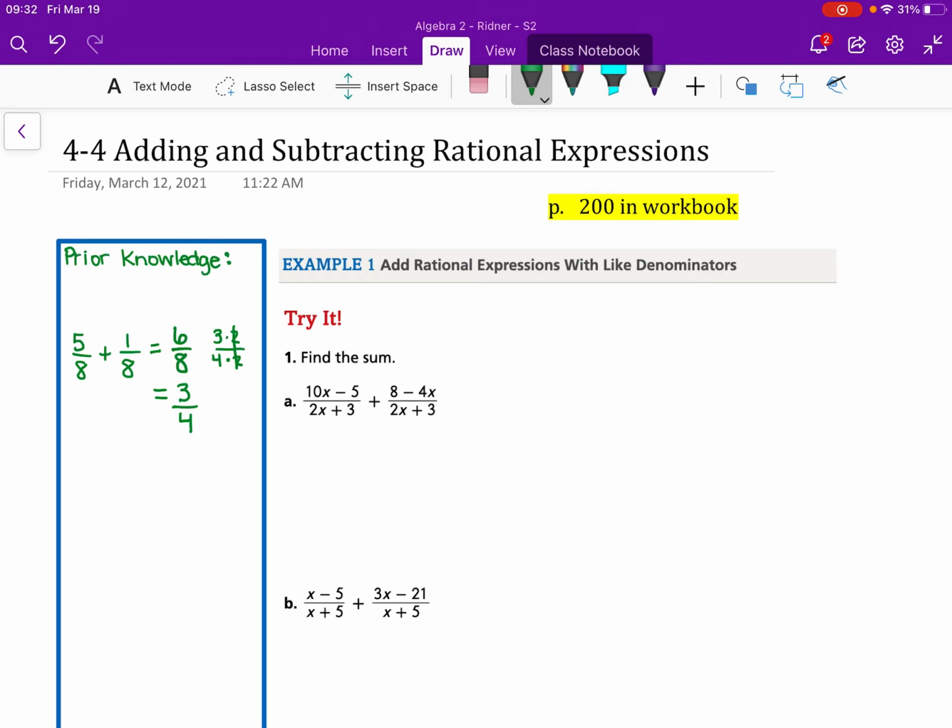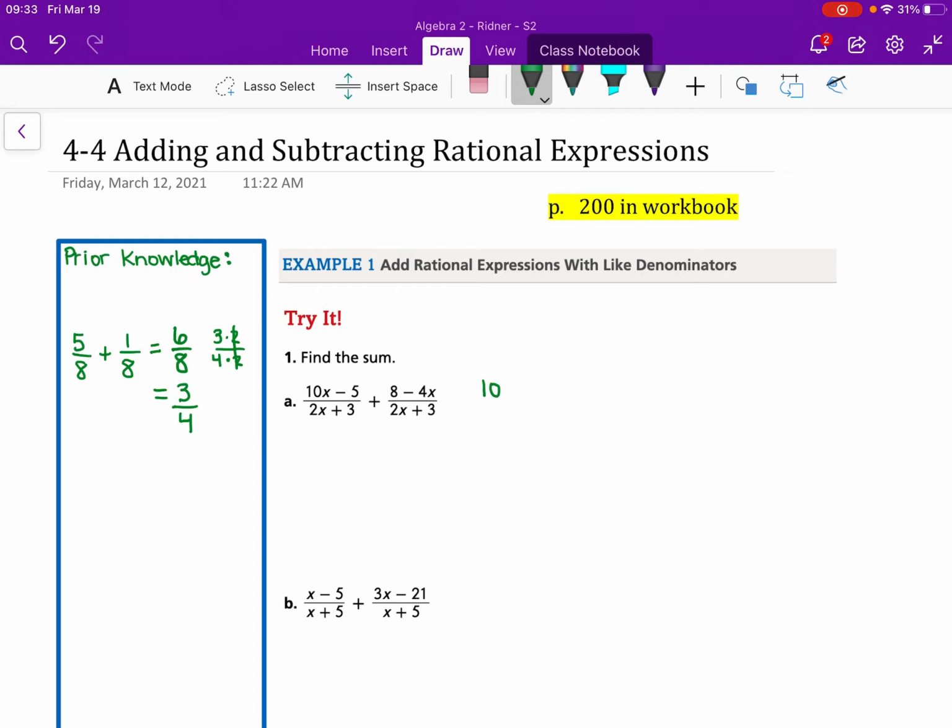So let's apply that to algebra and rational expressions. If I look at problem A here under example 1, you will see that they have the same denominator, 2x plus 3 and 2x plus 3. So all I need to do is combine the like terms on the top.